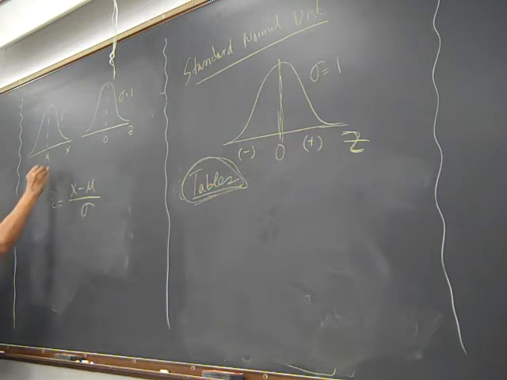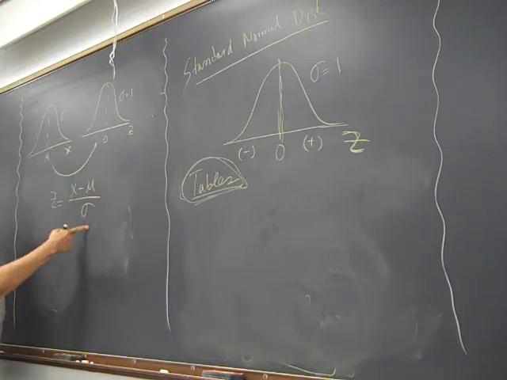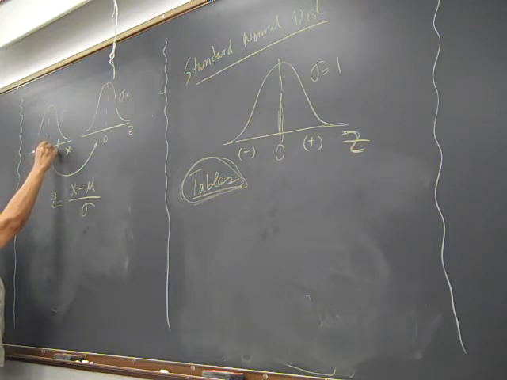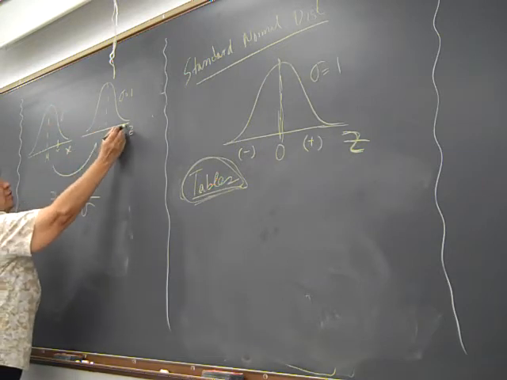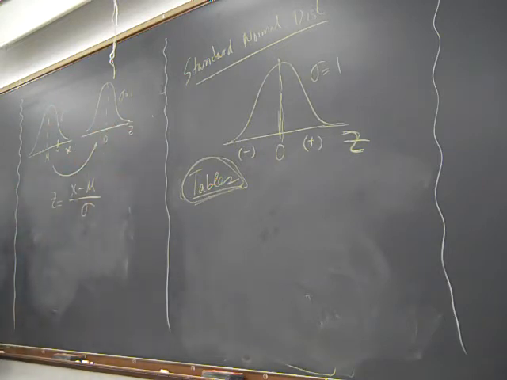And this is the way you can translate from this one that is x into this one that is the z. So z is equal to x, whatever x we are dealing with, minus mu, this mu, divided by sigma, this sigma, and then we are going to have this one. Voila. That's it.